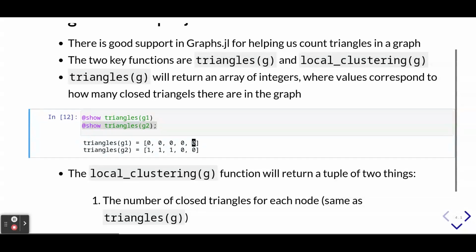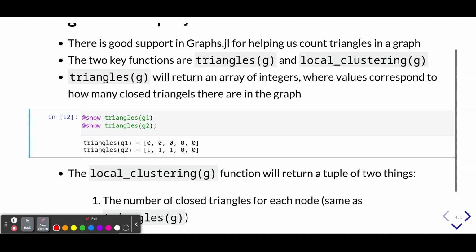And the value here is going to be the number of closed triangles in which that node is involved. So if you remember, in our original graph, we had 5 nodes, there were 3 triangles, but all the triangles were open. So when we ask Graphs.jl to tell us about the triangles in this graph, it's going to say 0, 0, 0, 0, 0, because each of the 5 nodes has no closed triangle.